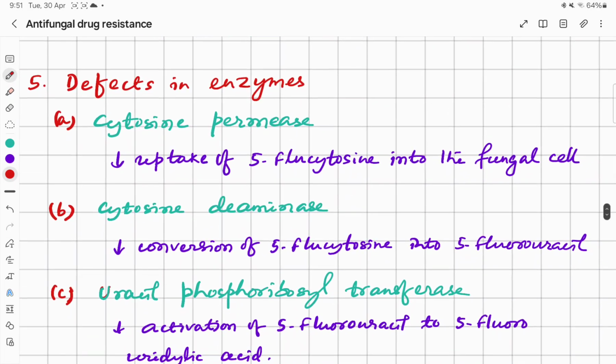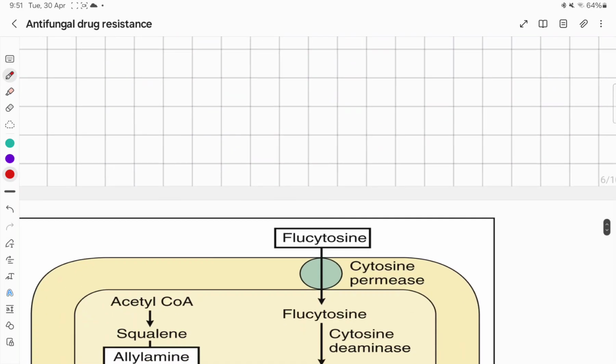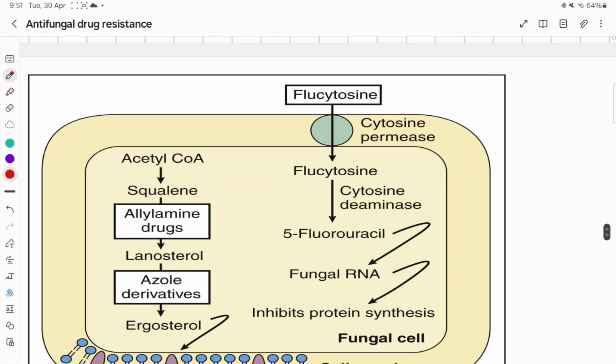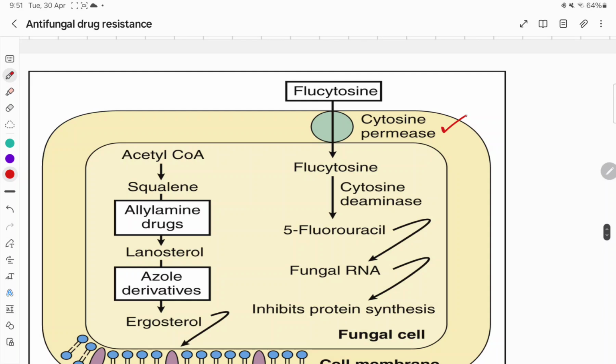Then there can be defects in enzymes, and mostly it is the cause of resistance to 5-flucytosine. And 5-flucytosine, how does it act? By the help of cytosine permease, 5-flucytosine enters into the fungal cell.